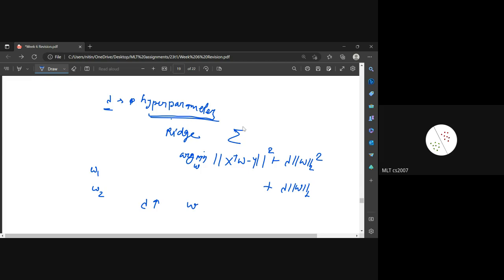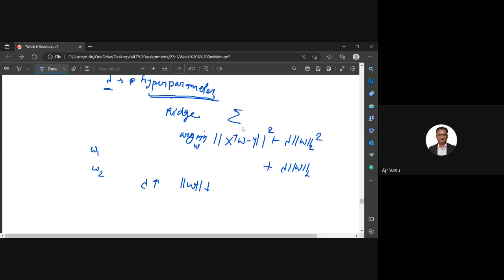If I increase the value of lambda, what will happen to the W vector? Will the norm of W tend to increase or decrease? Decrease. Why decrease? Because we are trying to keep this minimum.